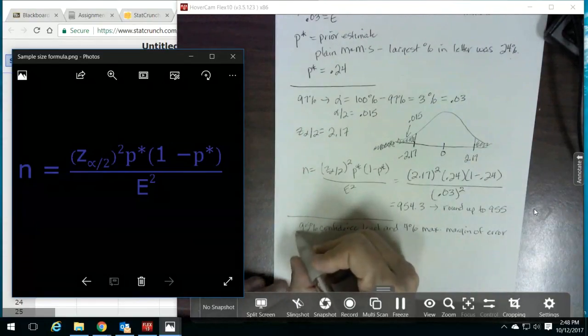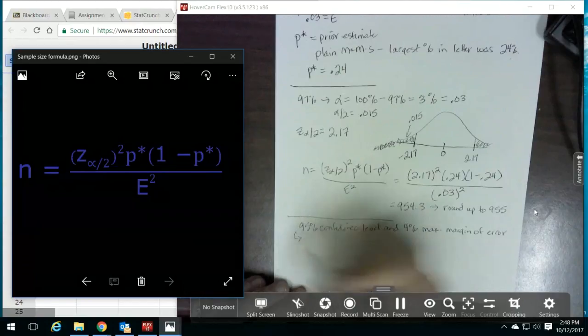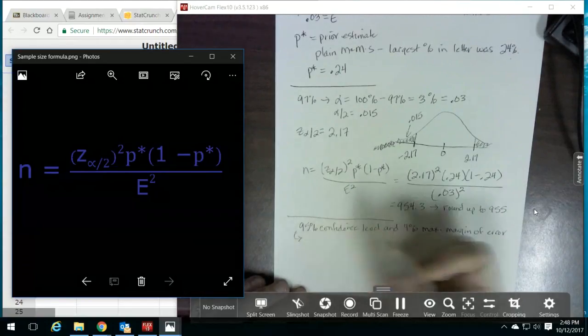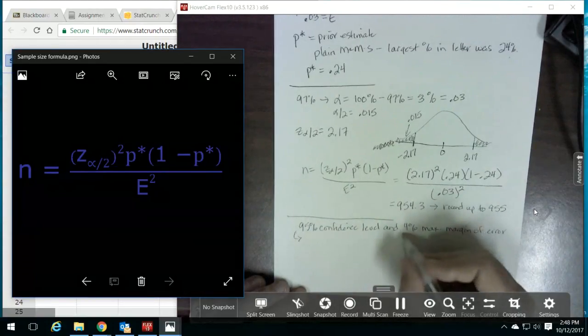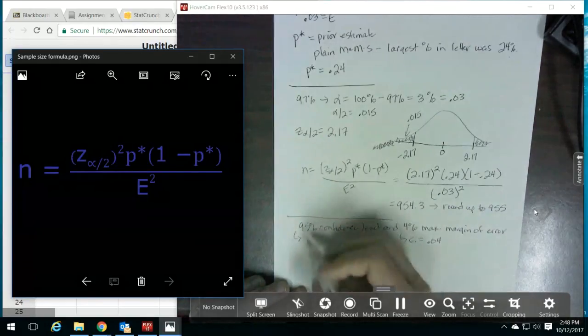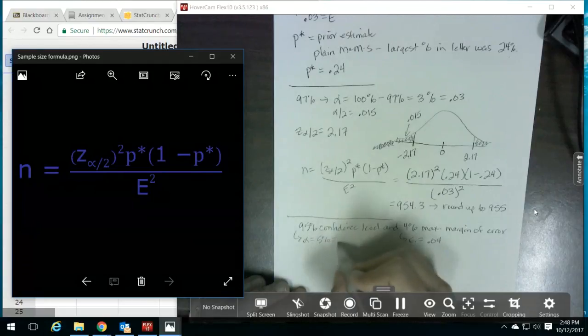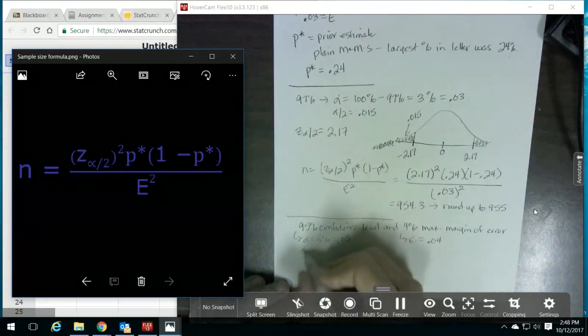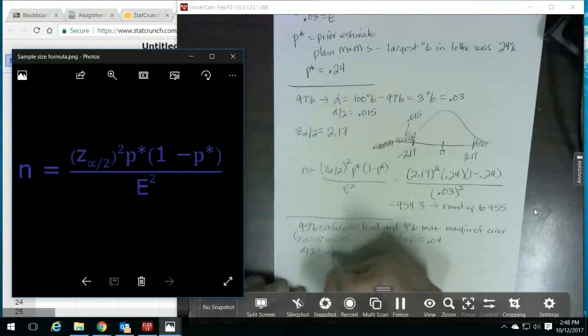I have to find another z alpha over 2, and I'm going to use E equals 0.04 in my formula. For this one, my alpha is 5% or 0.05, so my alpha over 2 is 0.025.